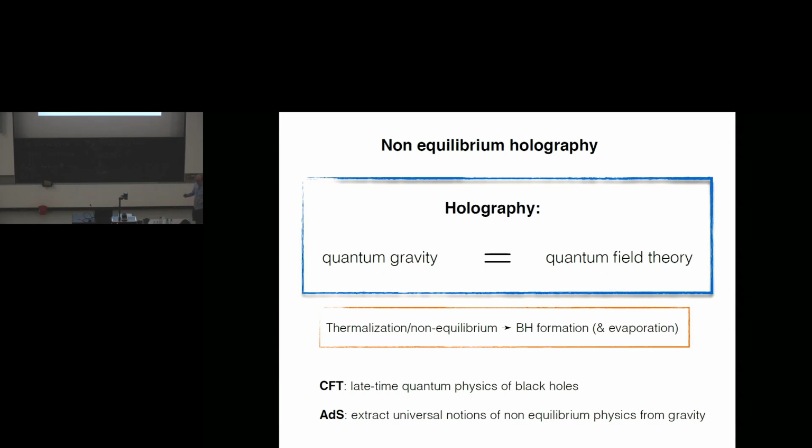First of all, as everybody knows, holography is the statement that in anti-de Sitter space, quantum gravity is just the same as quantum field theory. And in the non-equilibrium arena, that allows us to study things like thermalization or more general aspects of non-equilibrium physics and have confidence that this is related, at least in many cases, to the physics of black hole formation and also its evaporation.